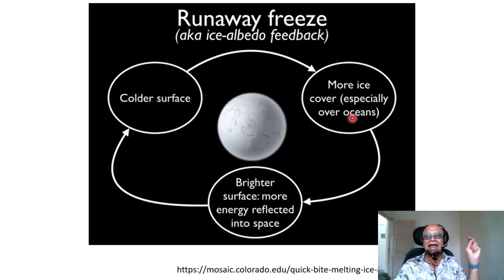Remember, on land we grow snow and glaciers by compressing the snow, but on the water, in lakes and oceans, we have to build ice, which is frozen water, and that increases the albedo, or makes the surface brighter. You can see it looks bright white, so more of the energy from the sun is reflected back to space, which means the surface gets even colder, which will make the ice grow even more, and oceans to be covered more.